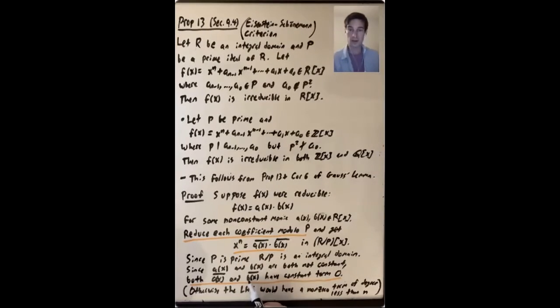Okay, so one or the other of them has to be 0. Let's say that the constant term of the image of B of x is 0. So just take the lowest degree non-zero term of B of x. Then if A of x had a non-zero constant term, you would get that constant term of A of x times the lowest degree term of B of x.